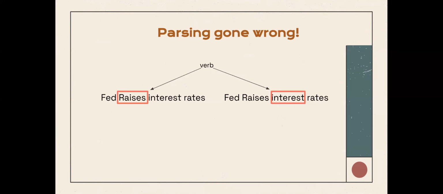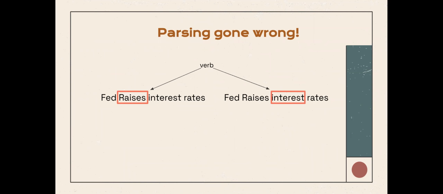So I will show an example of how it might go wrong. In this example, "Fed raises interest rate," the intended meaning is to keep raises as the verb, but something more naive that's reading this might take interest to be the verb and misunderstand the statement's meaning.